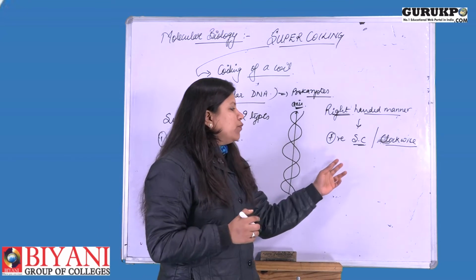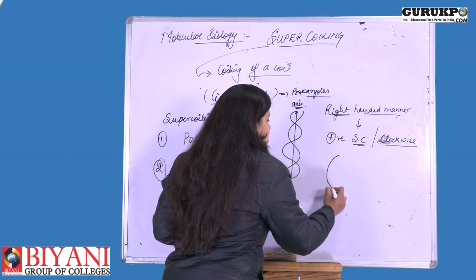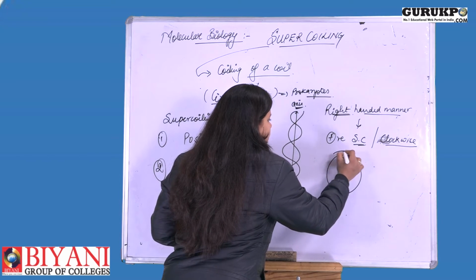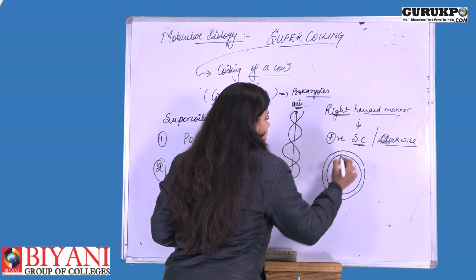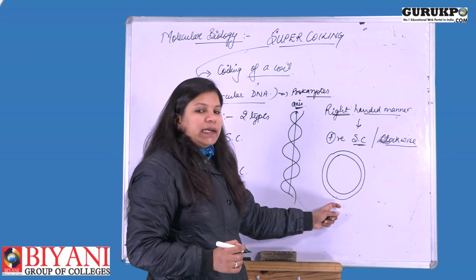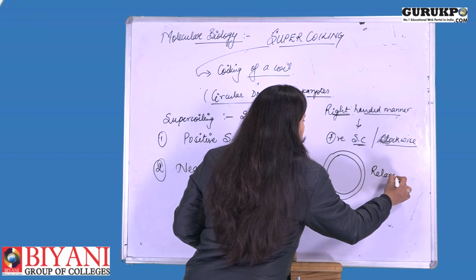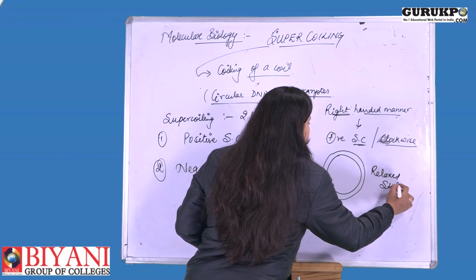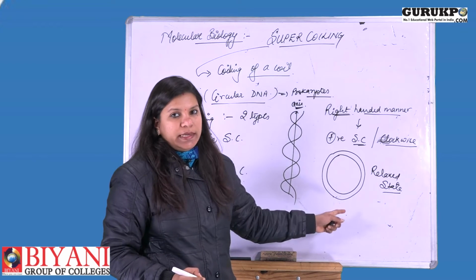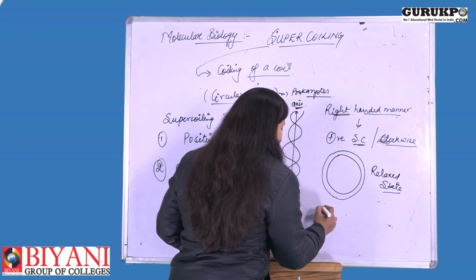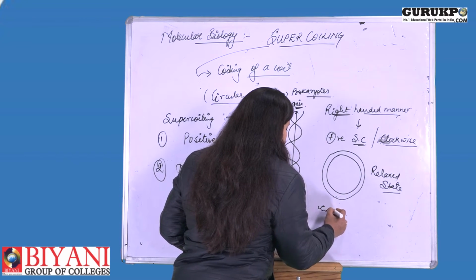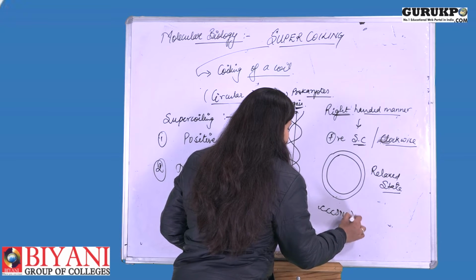Suppose this is the double helical structure of circular DNA. At this state no twist or turn is found in this circular DNA, and you can also call it covalently closed circular DNA, that is the triple C DNA.